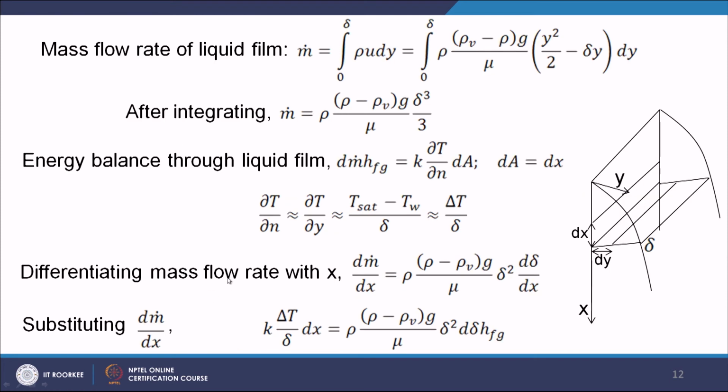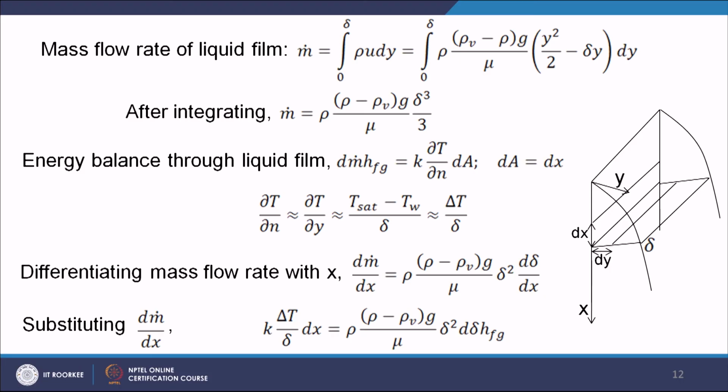Performing the integration with limits 0 to delta, because film condensation is only within the film thickness, m dot becomes rho into rho minus rho v into g delta cube by 3 mu. This is the condensate rate, a very important term for condensation.